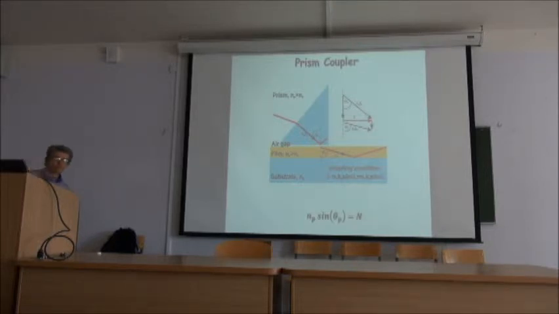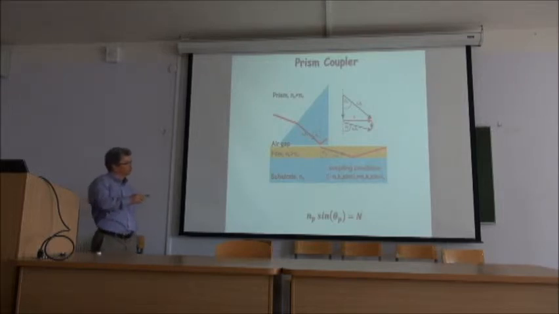Excuse me. Sure. If the refractive index of our material is very high, could we use a prism coupling? Because we need to have a much higher refractive index for a prism. Actually, the precise statement here is that your prism must have a refractive index that is higher than your effective index.